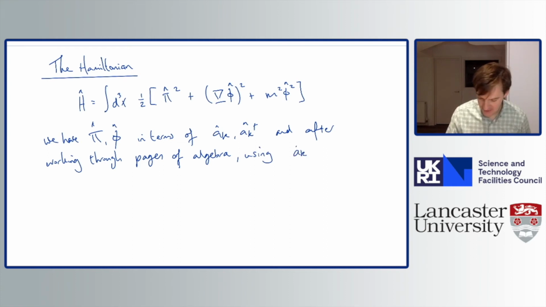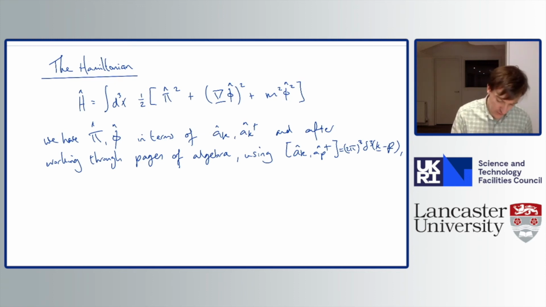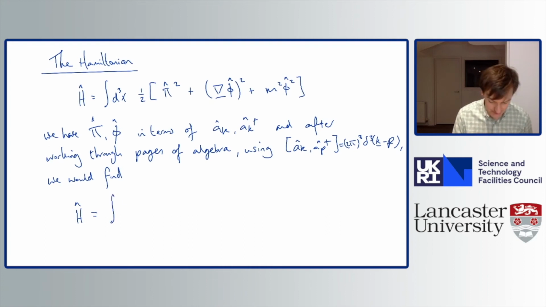All right, so the a_k, a_p dagger is 2 pi cubed delta. Okay, so let's imagine that we've gone through all of that. We would find the following result. We would find that the Hamiltonian, so this is the total Hamiltonian, remember, not the density, is an integral over, well, for some reason in my notes I've switched notation from k to p, but it doesn't really matter.